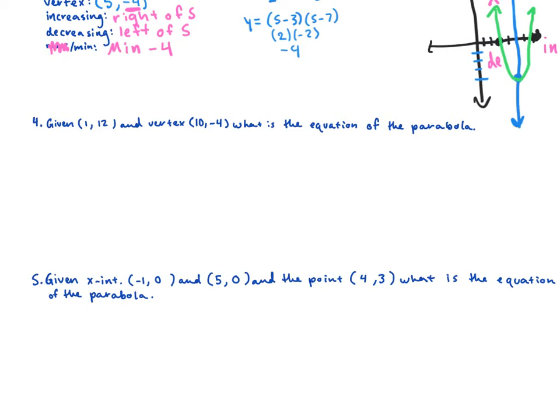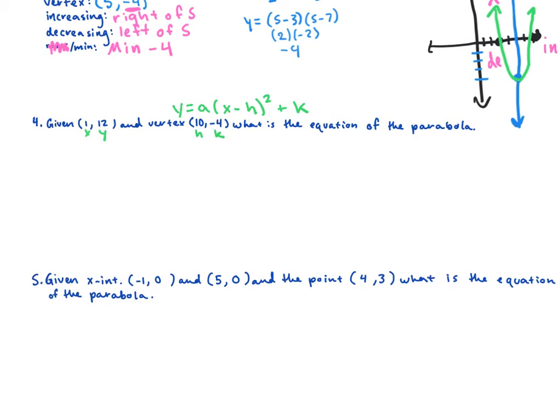What is our equation in vertex form? So our equation is y is equal to a times x minus h squared plus k. Our point gives us our x and y. Our vertex gives us our h and k. And then we just plug everything in.